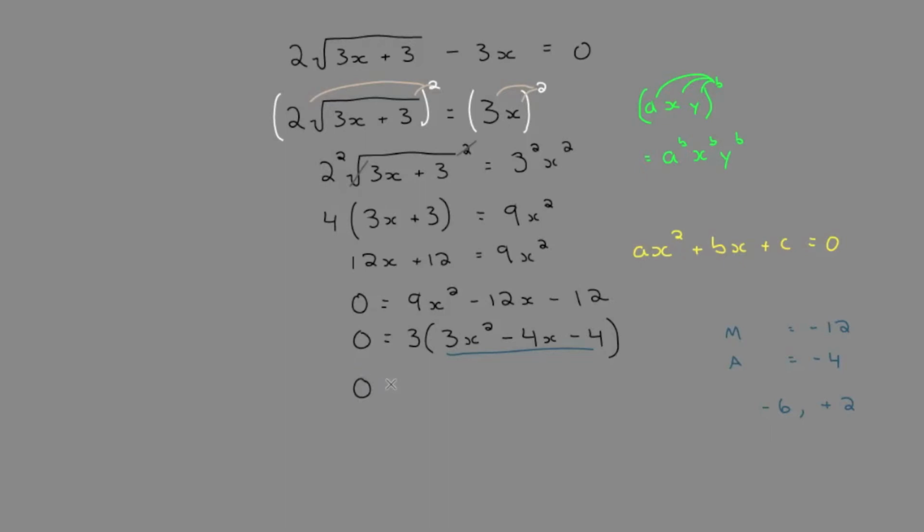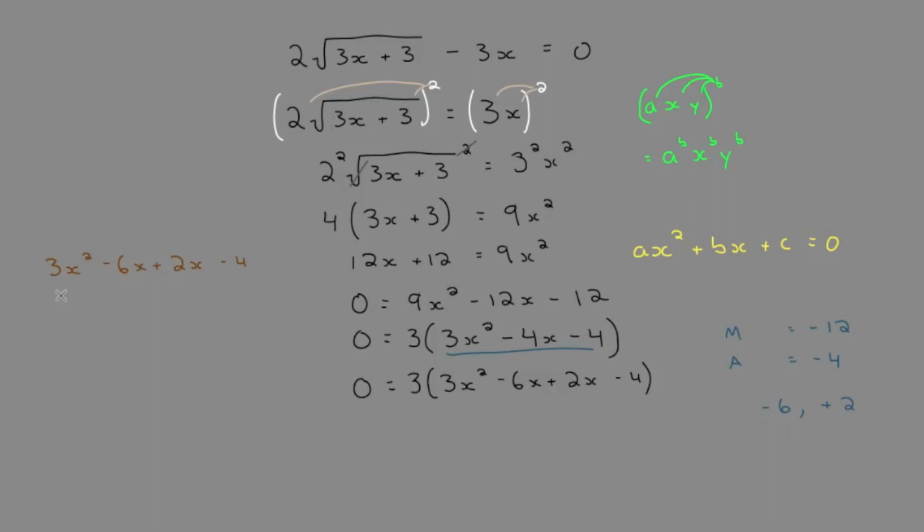So let's show the work. I'm going to show the factoring of this off to the side because it looks like I'm going to run out of room actually. So let's do this.